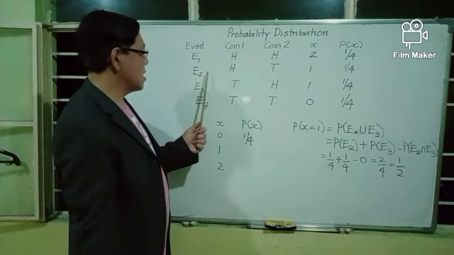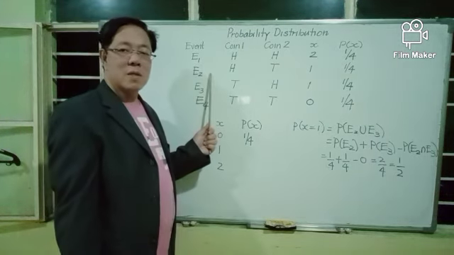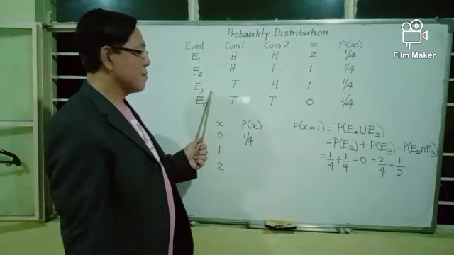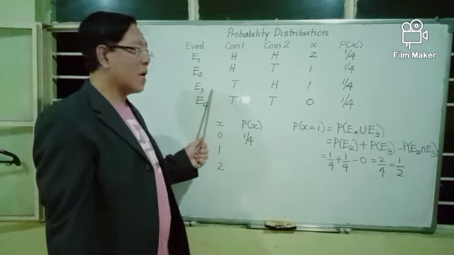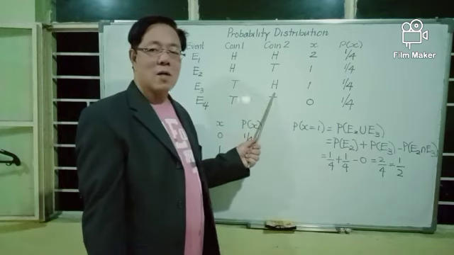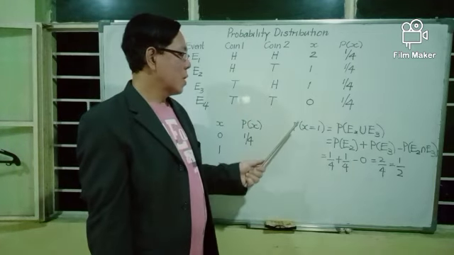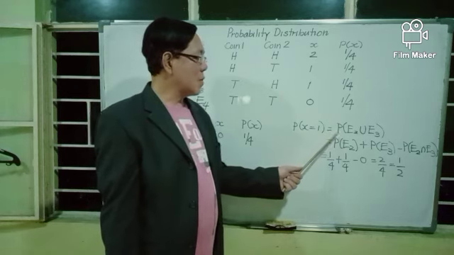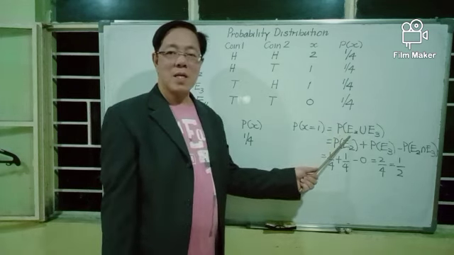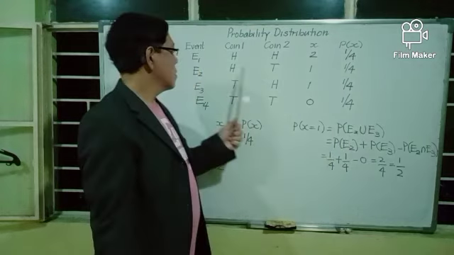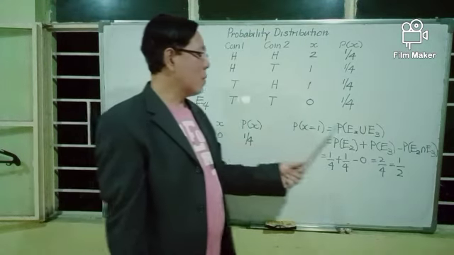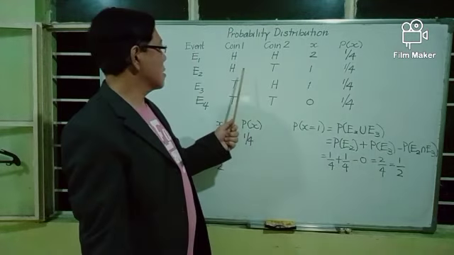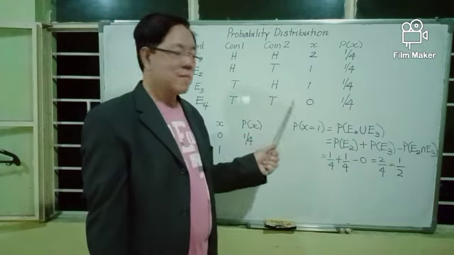Either in event E2, where 1 head occurs in the first coin, or in event E3, where 1 head occurs in the second coin.